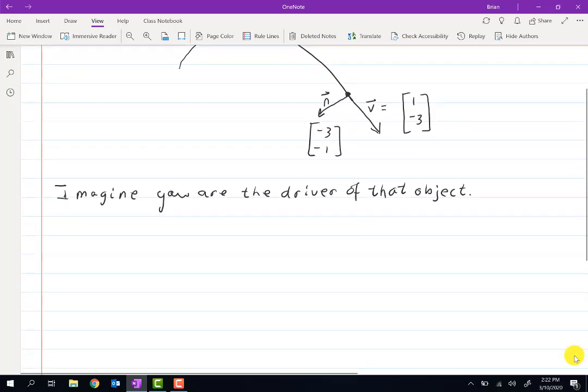As far as you're concerned, your view consists of forward and backwards and left and right. So in this situation, when you're viewing yourself, say you're at this spot, the forward direction here might be considered your velocity vector, because when you're driving, if you look straight ahead, you're going straight in the direction of that arrow.